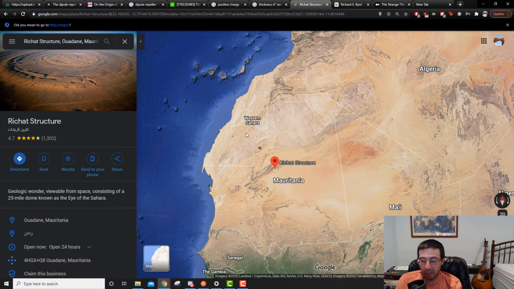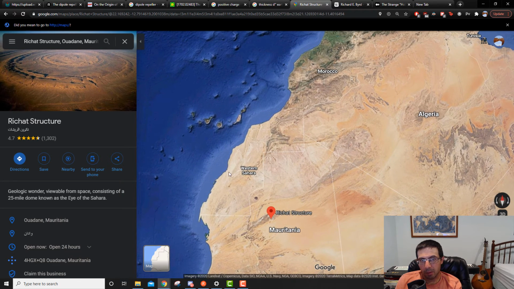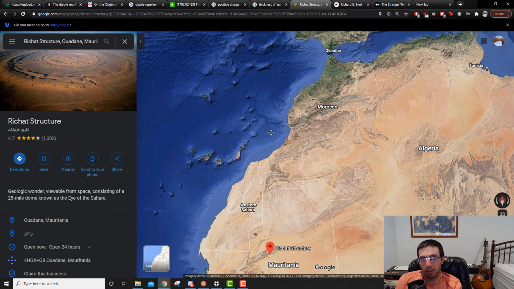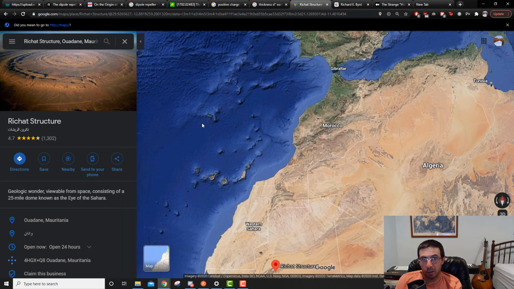But the thing is, Atlantis is still said to be underwater, where this structure just isn't. It just wouldn't fit all the Atlantis stuff in a good way.